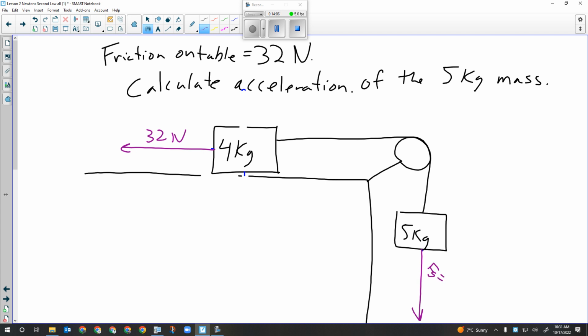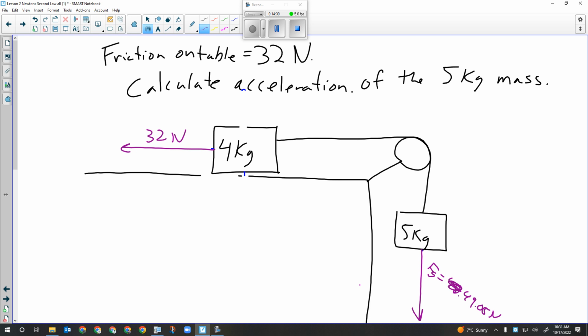That force would be gravity, and it would be 48.7. No, 49.05 newtons. Okay, so I've got that force. Are there any other forces acting on the 4-kilogram mass?